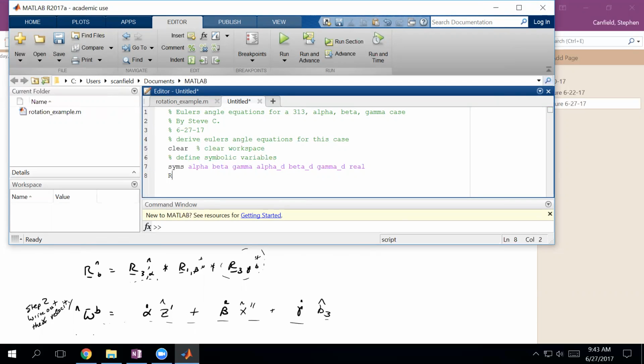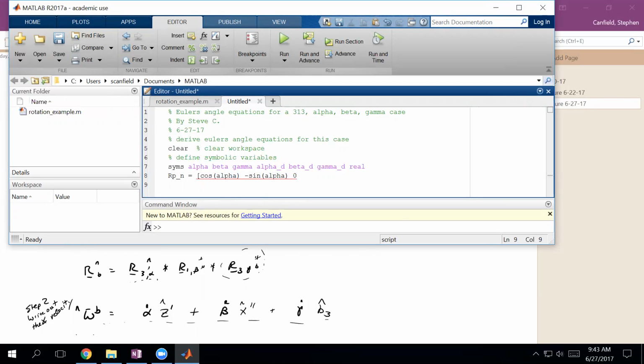All right, so I need to define the rotation. First I had the rotation from the prime projected on the N frame, which is a rotation around the 3 by alpha. So it was cos alpha, negative sine alpha, 0.